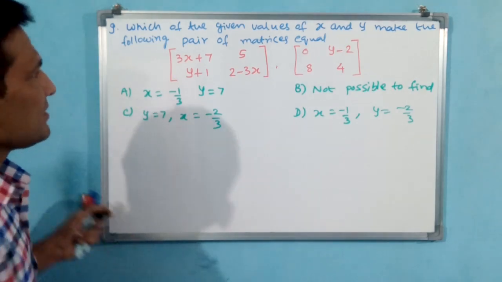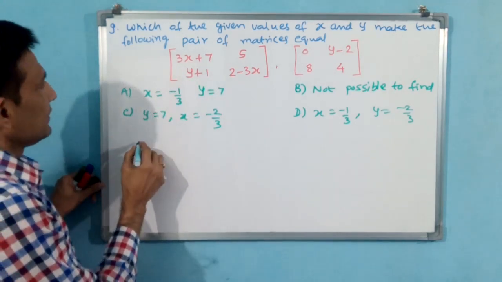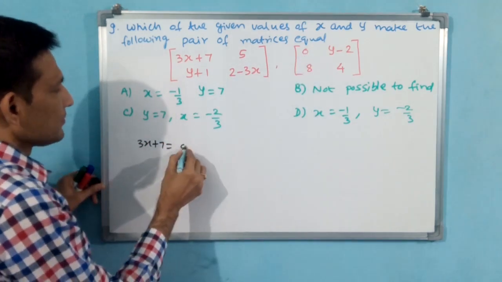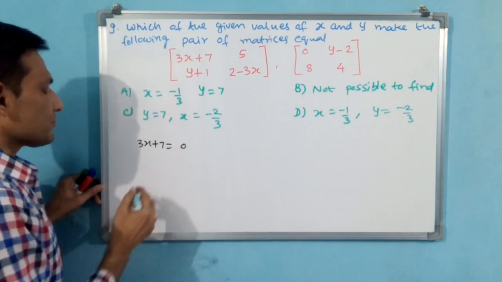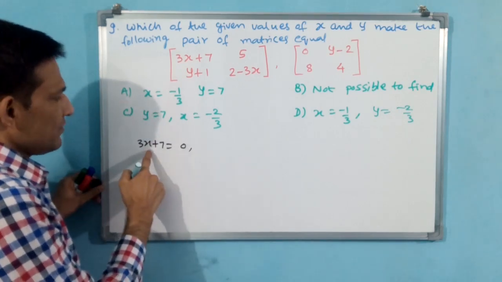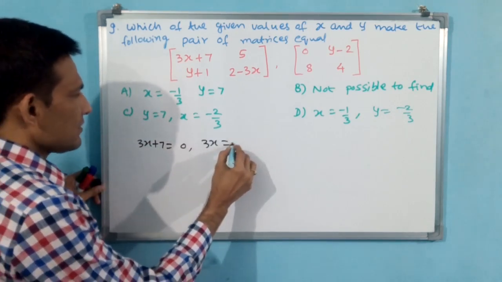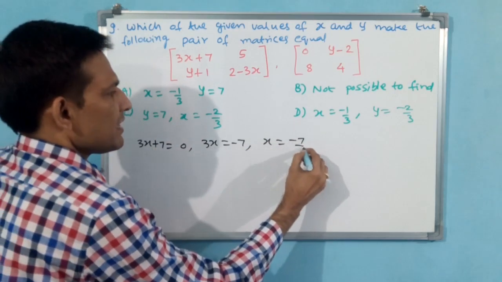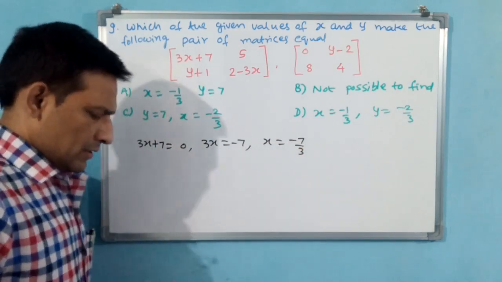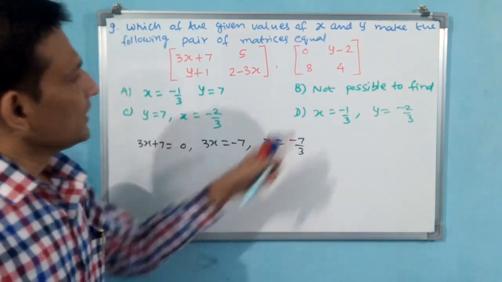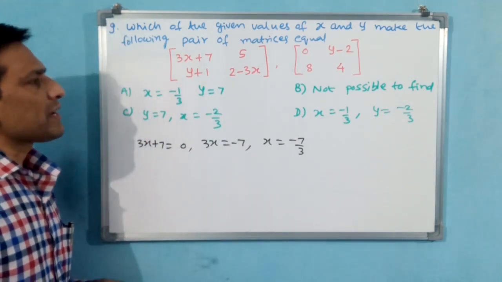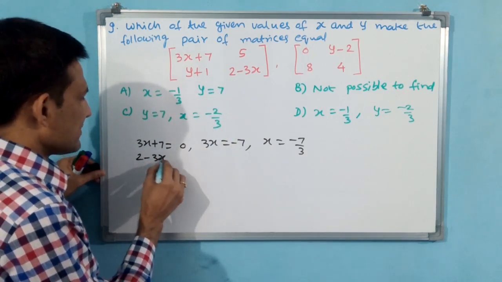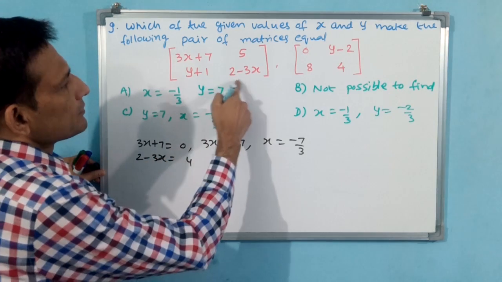First you write these two equations. 3x plus 7 is equal to 0. Then you see 3x is equal to minus 7, x is equal to minus 7 by 3. Next, 2 minus 3x is equal to 4.